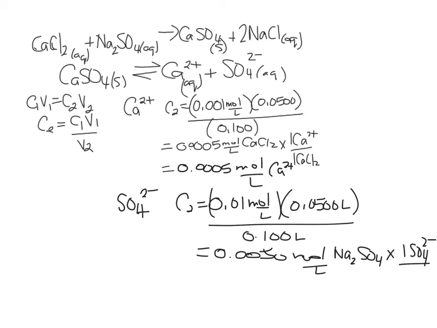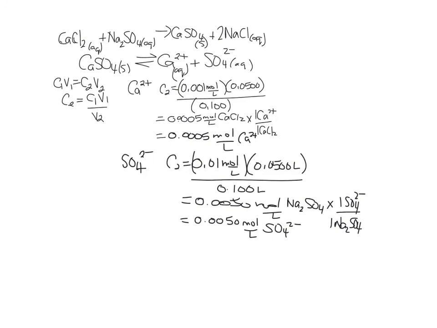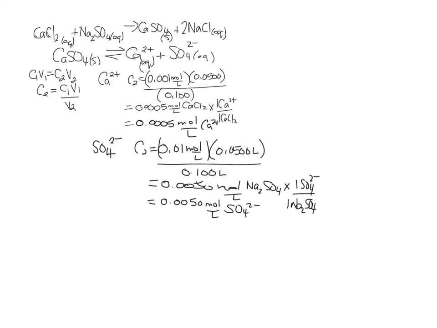There's 1 sulfate for every 1 sodium sulfate. So now we know the concentration of both of our ions, which is a lot of work just to start the question.